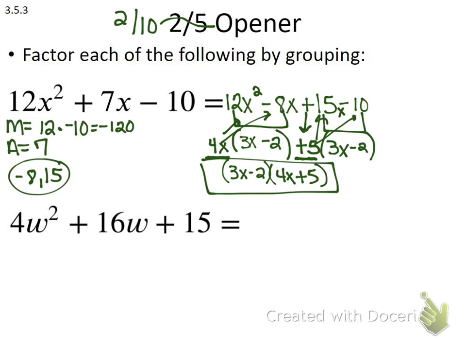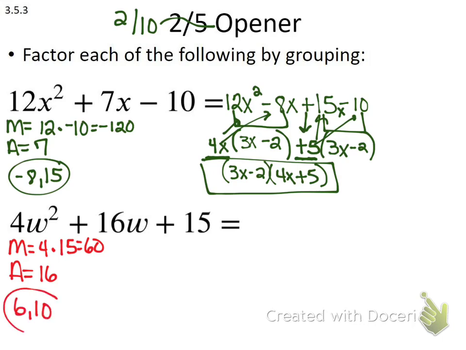Okay, let's take a look at the next one. Jenna, you're going to do this one start to finish. Ready? Tell me what to do. You multiply 4 and 15, which gets you 60, and the A is 16, and the MA is 6 and 10.